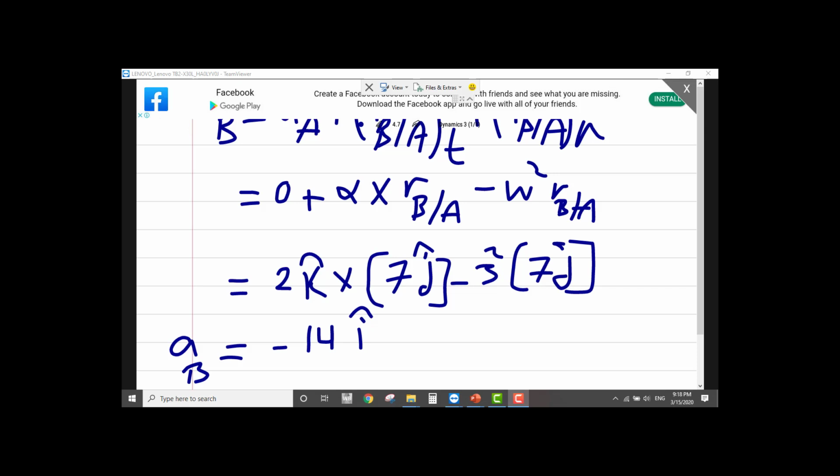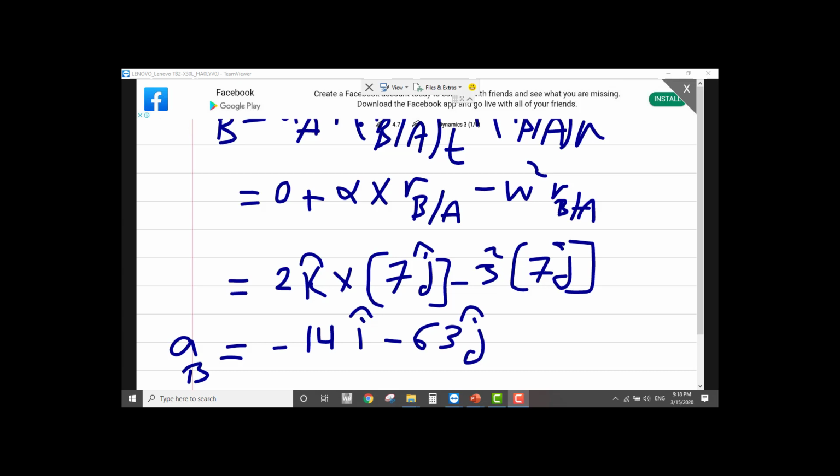This is the first component in the negative i direction. And here 3 squared, 9 multiplied by 7, is 63 in the j direction.